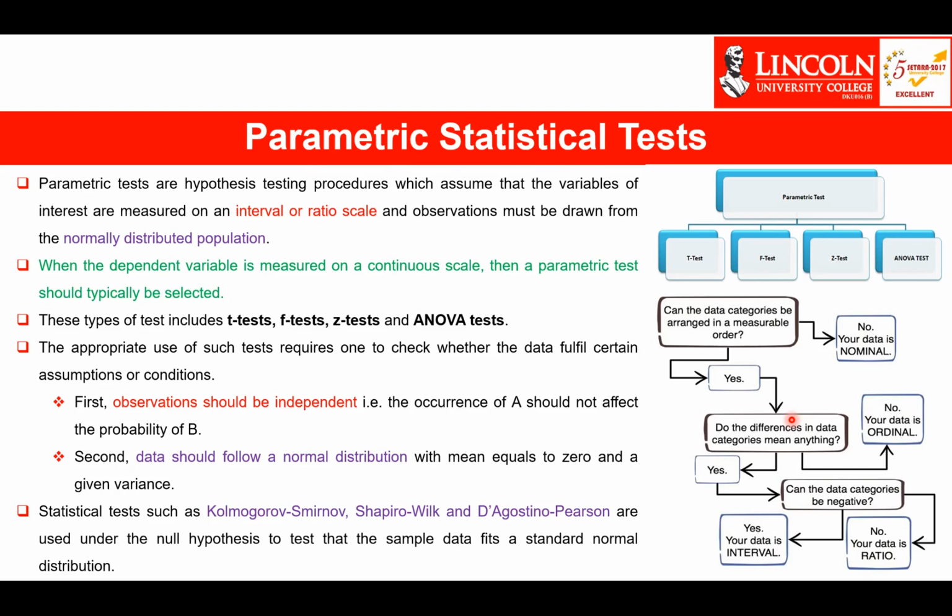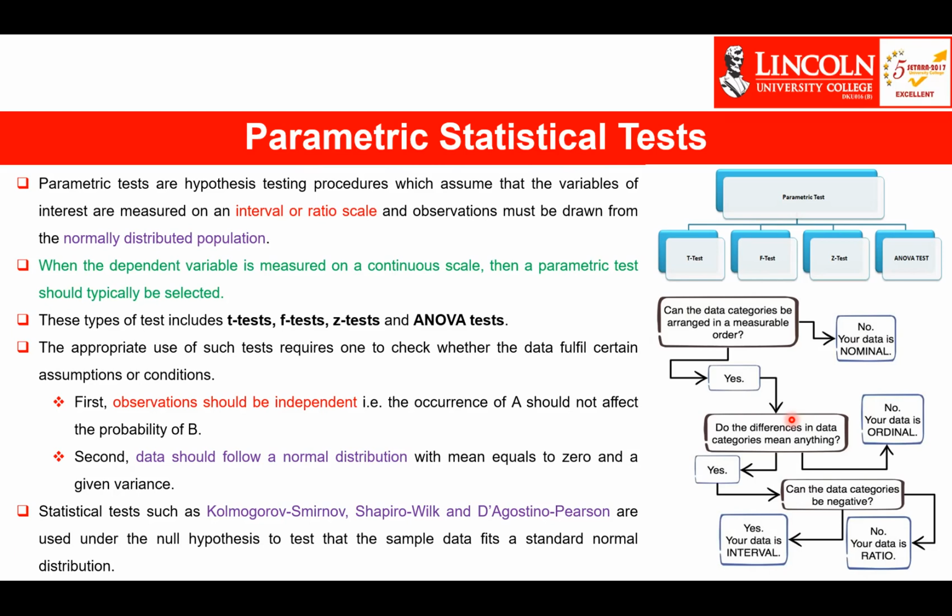That is, the occurrence of A should not affect the probability of B. The second assumption is that data should follow a normal distribution with mean equal to 0 at the given variance. Meaning that the test of normality must not be violated. Once your data sets fulfill these two assumptions, then you are good to go.